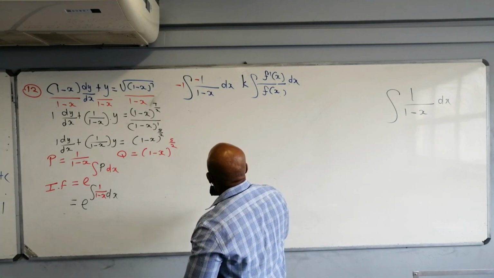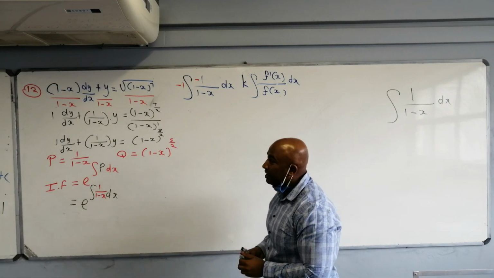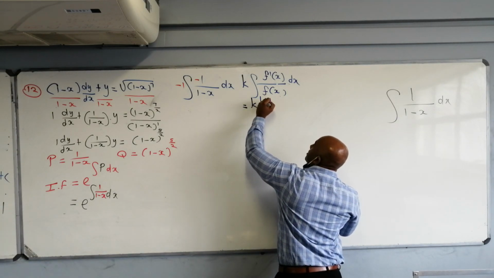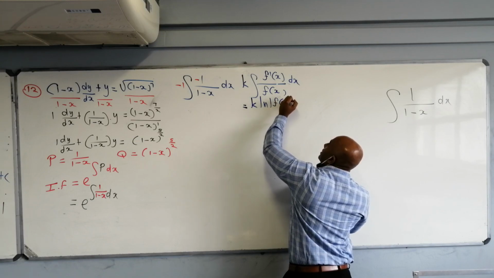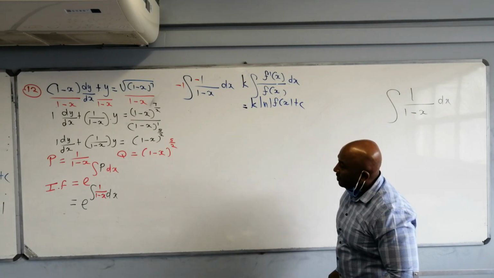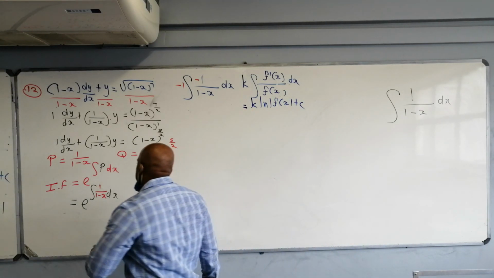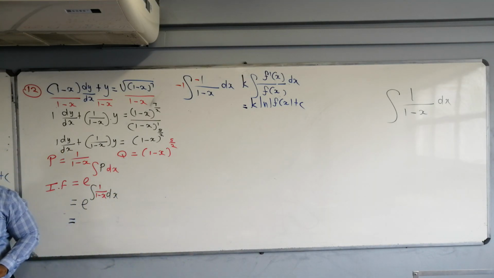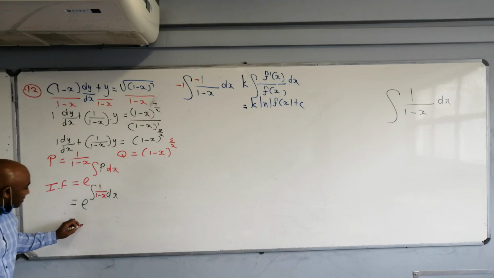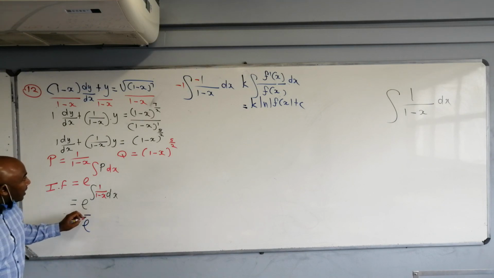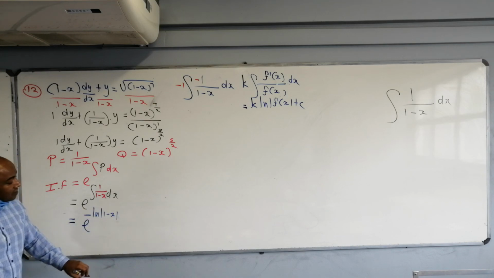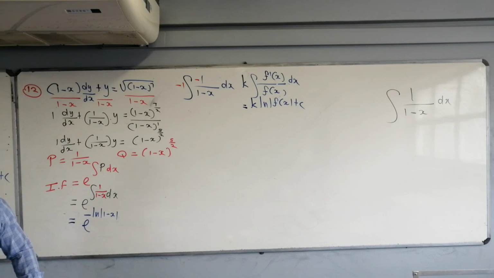Now, once this condition has been satisfied, the answer is always k times ln absolute value of the denominator plus c. That is our n5 integration. So let's go back to our problem, going back to n6. So that's the integral of minus ln of 1 minus x. You're clear with that?